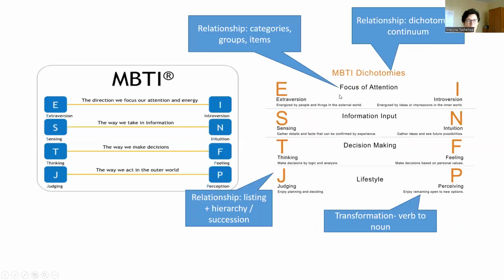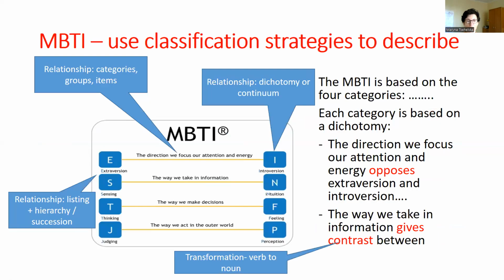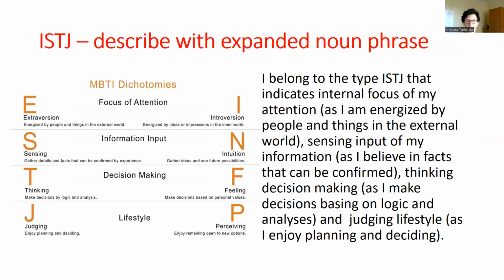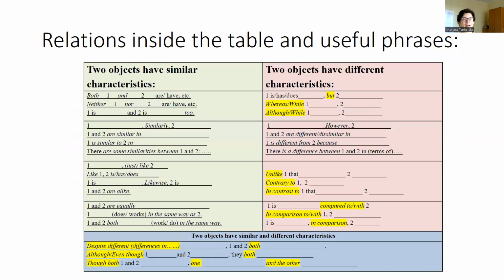So once again, we just took the table and we looked at it and classified it. Then, using the relationship, we described this table. Then we did the extended or expanded noun phrase or noun group. And now we are finally going to talk about comparisons.